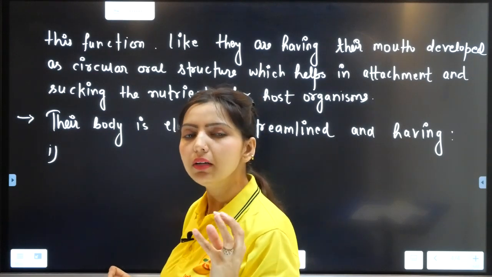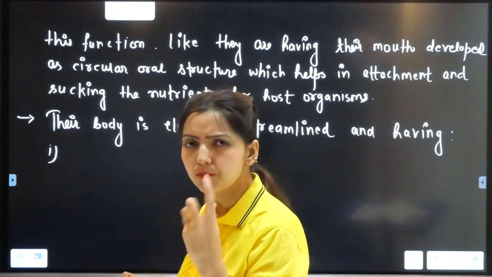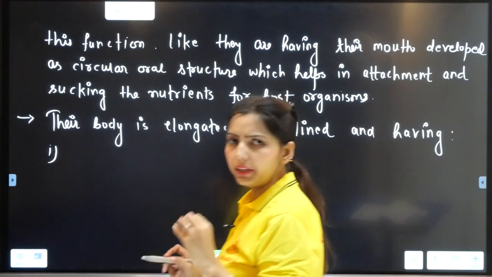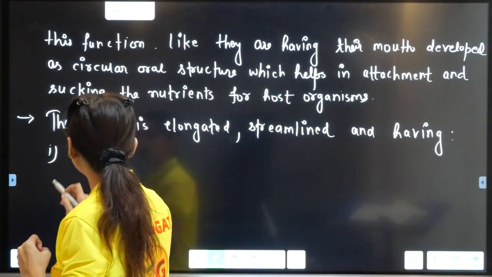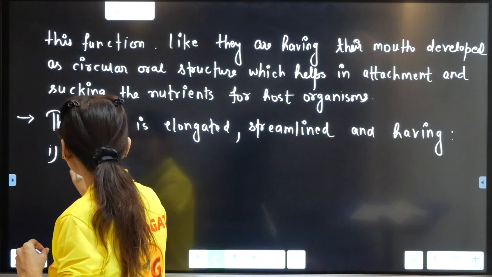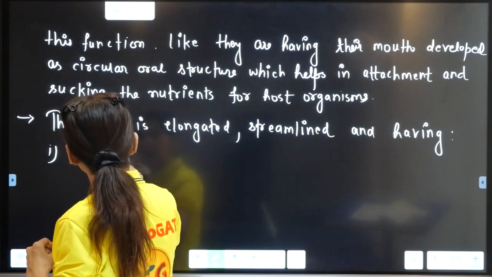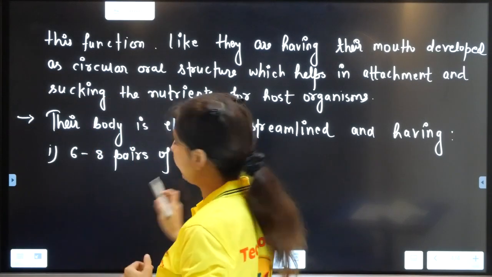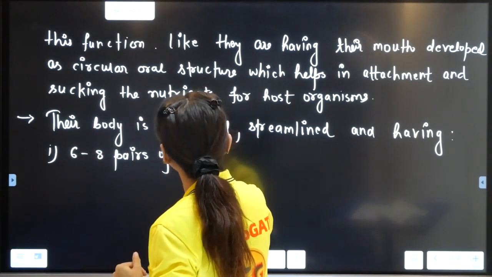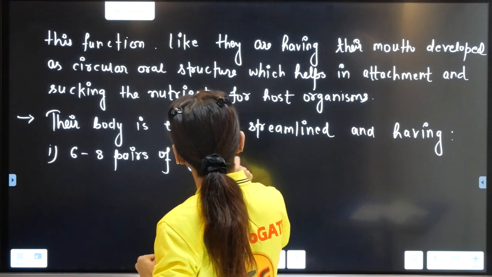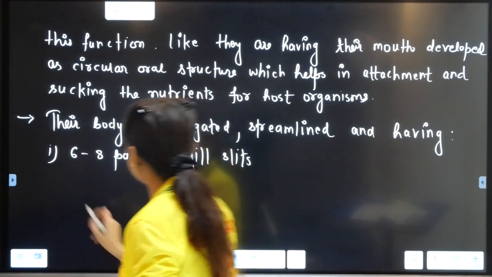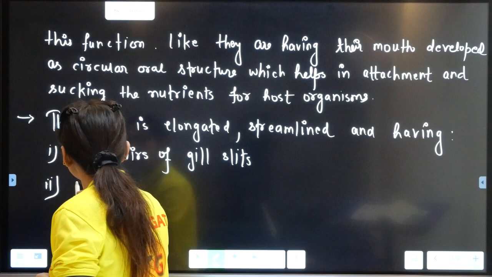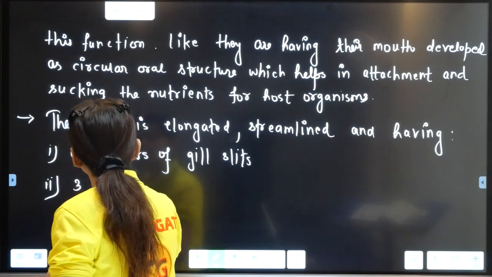There will be somewhere 8 to 14, so write down or make it around 6 to 8 pairs of gill slits, because the total number will be that only, right? Write down the second point: they are having 3 eyes.